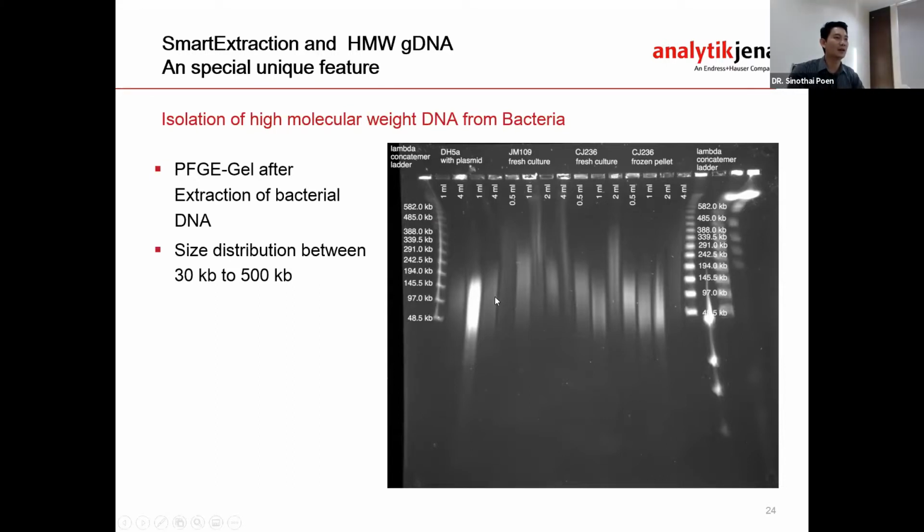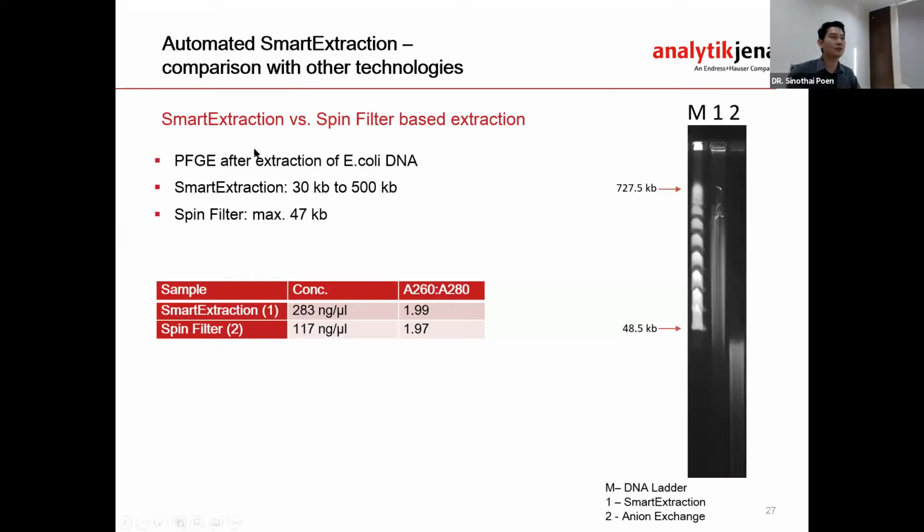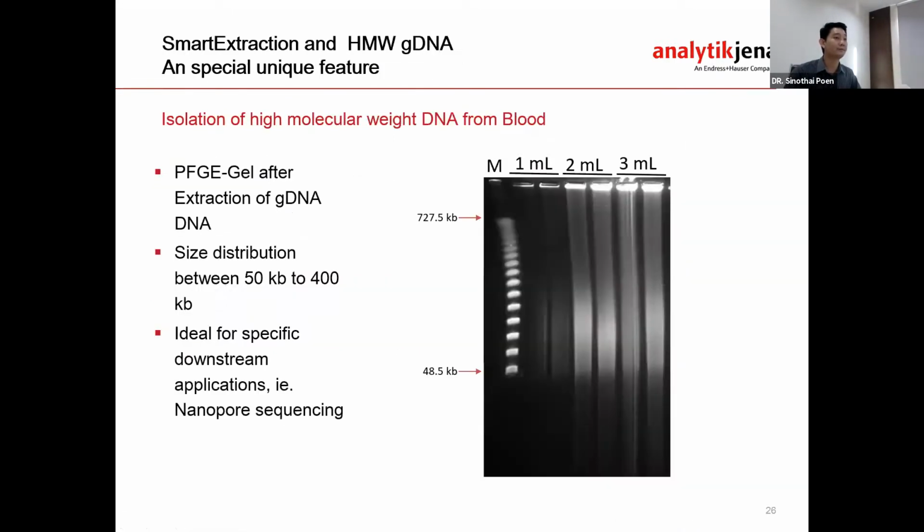We found that DNA extracts were in the range of 30 kb up to 500 kb. When compared to DNA fragments obtained from spin filter technology, we got much smaller DNA fragments, and we don't find DNA larger than 47 kilobase. Also, smart extraction gave higher yield compared to spin filter, as we have already mentioned.